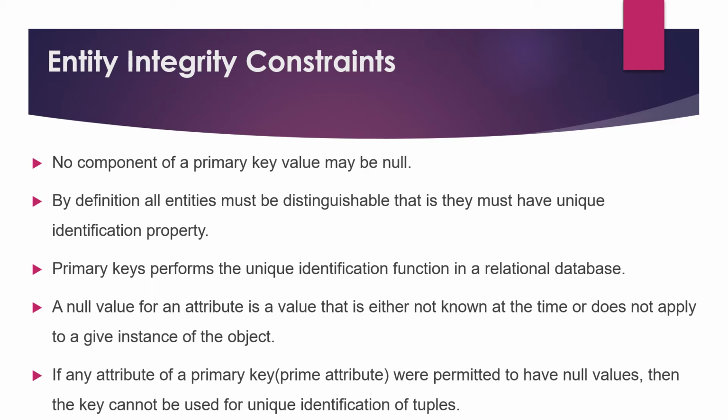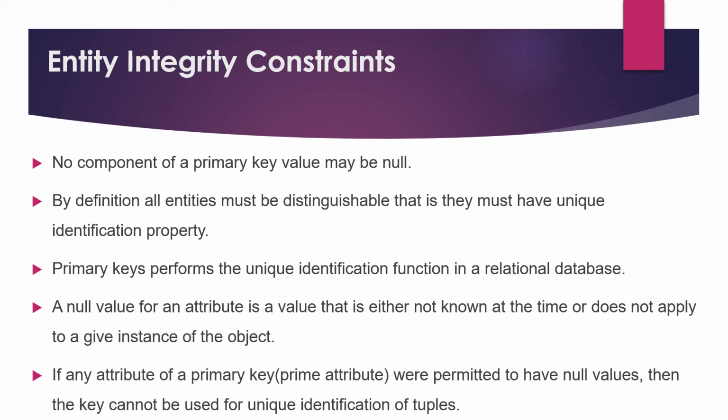A null value for an attribute is a value that is either not known at the time or does not apply to a given instance of the object. If any attribute of a primary key were permitted to have null values, then that key cannot be used for unique identification of tuples because it cannot distinguish the tuples in the table.